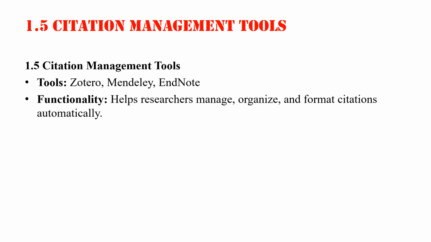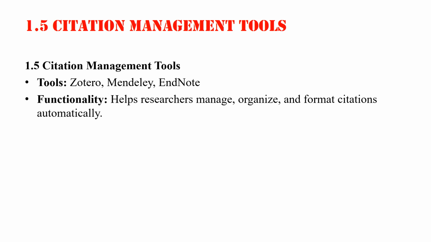So these tools, Mendeley, Zotero, and EndNote, mostly help researchers to manage, to organize, and to format their citations automatically, so that you don't struggle, using a paper or a link, to start using citation generators online in Google to cite your paper.